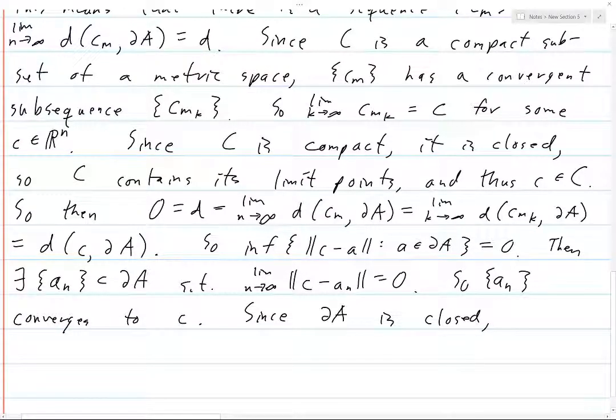Removing an open set from a closed set gives you a closed set, because you can think of removing an open set as intersecting with the complement of the open set, and the complement of an open set is closed. So you're really taking the intersection of two closed sets, which is going to be closed. So therefore, the boundary of A is closed, and since it is closed, c is in the boundary of A.